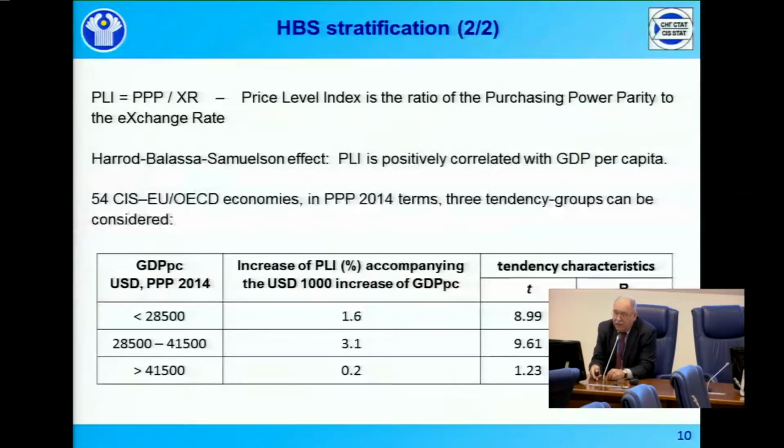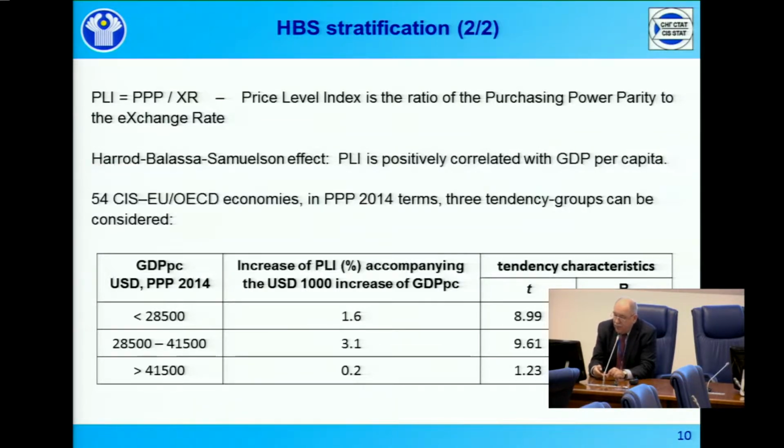The middle income economies, with GDP per capita between $28,500 and $41,500, demonstrate a quite faster tendency of increasing PLI following the increase of GDP. And then the high income economies with GDP per capita over $41,500: the tendency is quite slow.